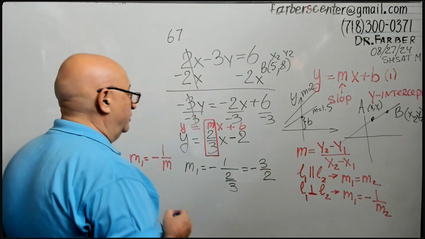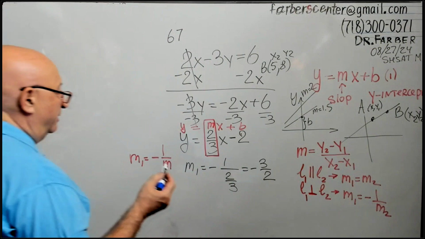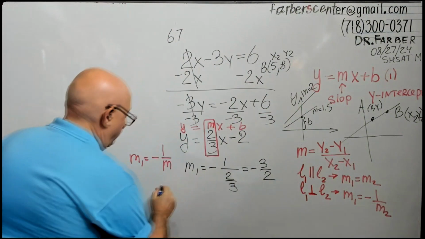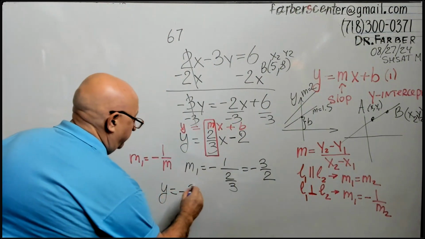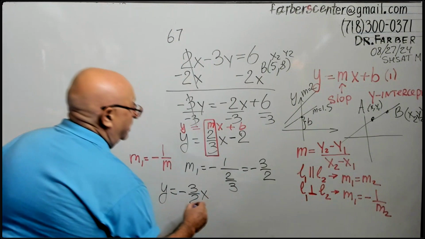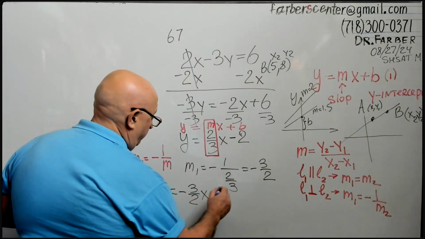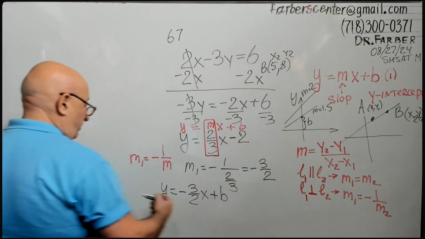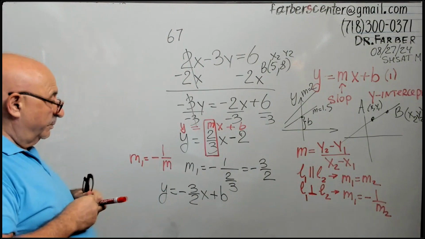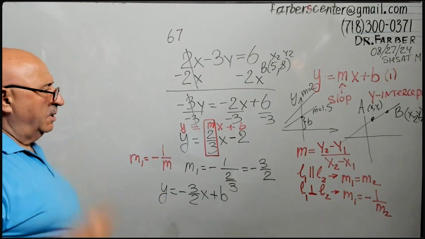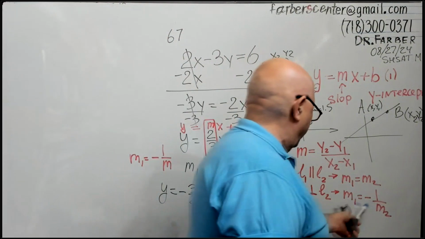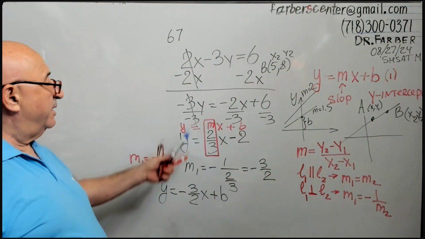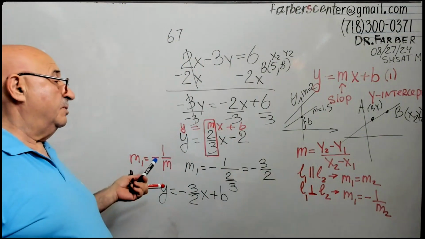Now look at any line in the canonic equation: the line is supposed to look like this, -3 over 2 x plus b. b I don't know so far, and I don't care. If I find a line with exactly this slope, based on the reverse property of perpendicularity, I can say this line and that line are perpendicular.